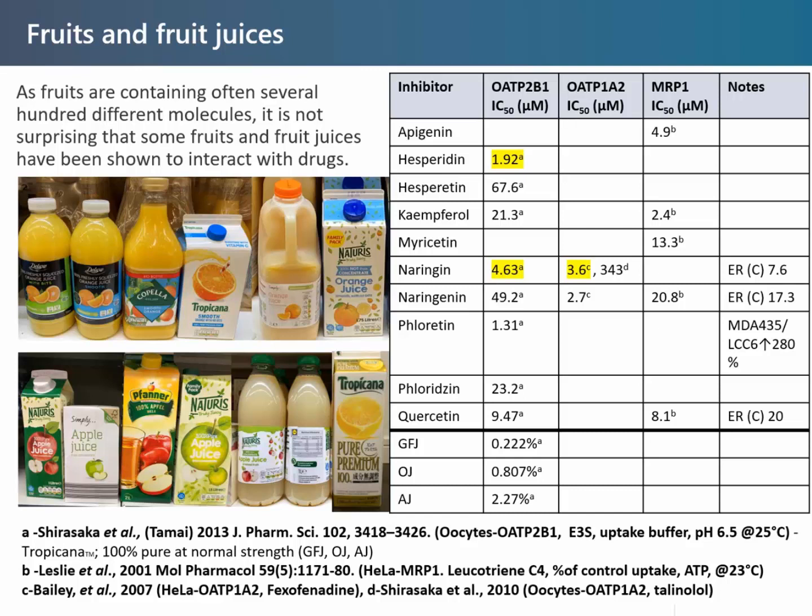So assuming it would also be working as an uptake transporter, these are the Ki values they obtained. Also there I highlighted in yellow, based on their measurement of naringenin in the Tropicana juice of orange, grapefruit and apple, they found that the concentrations would be high enough to reach these Ki values.